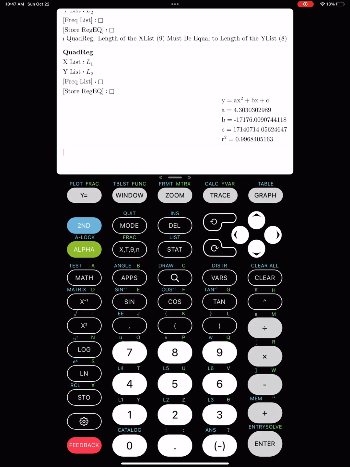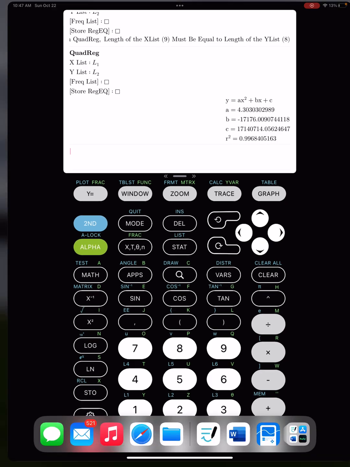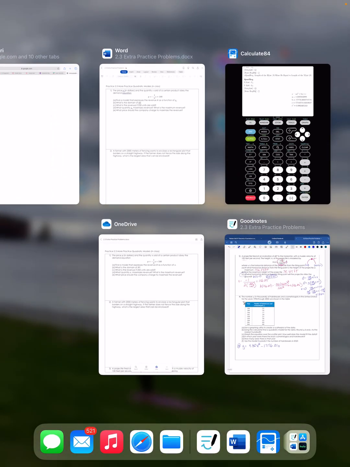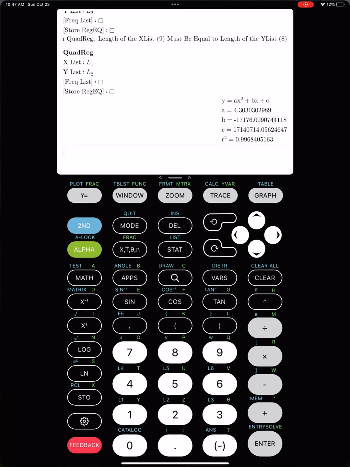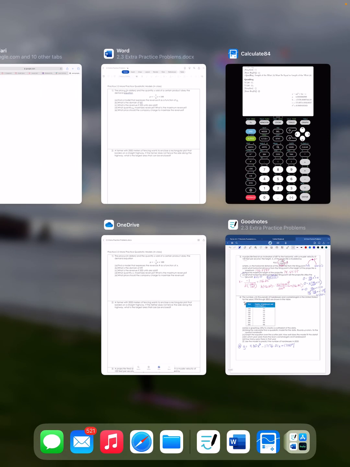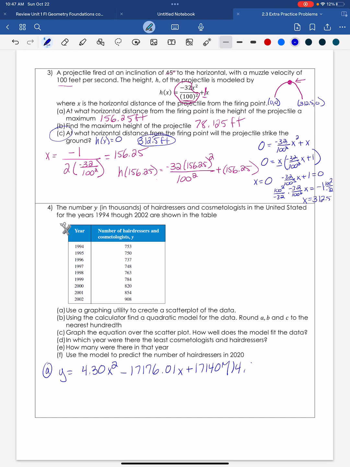And my last one is 171,407.14.06. Okay, and the principle is then I use this equation to answer the rest of the problems.